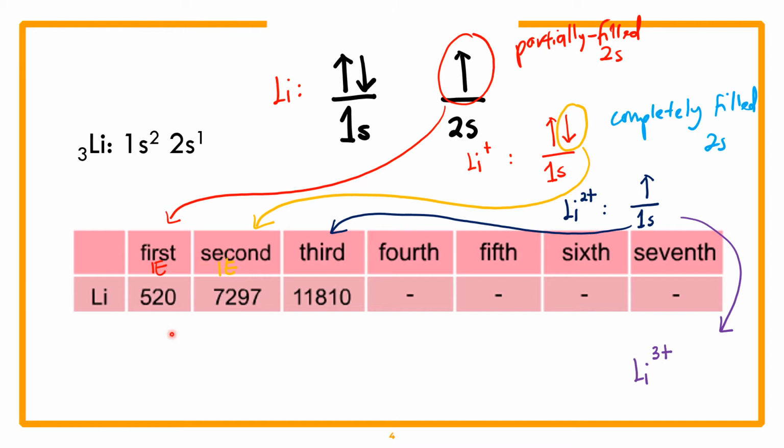So di sini juga kita boleh buat conclusion bahawa daripada nilai-nilai IE di sini, you boleh nampak, okay, nilai IE ini yang paling kecil. So bila nilai IE ini paling kecil, paling rendah, ini menunjukkan bahawa this electron berada pada valence shell.